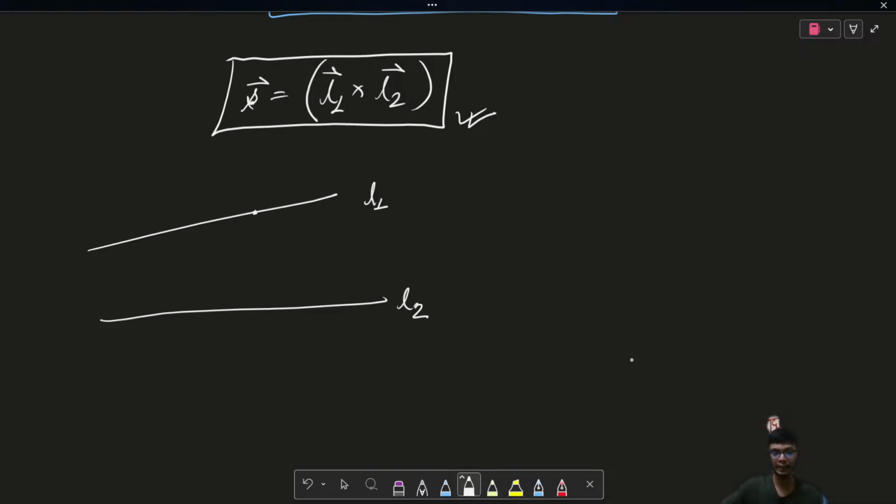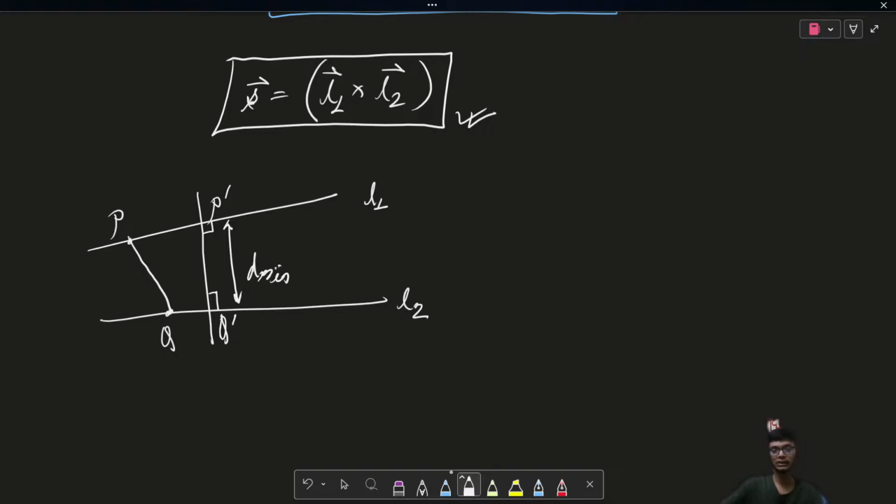Let us say I take any random point, this is my point Q and my point P, because it's not the shortest distance, it's only a general one. But the shortest distance will occur along the common normal, perpendicular to each of them. Let us say that it occurs at P dash Q dash.